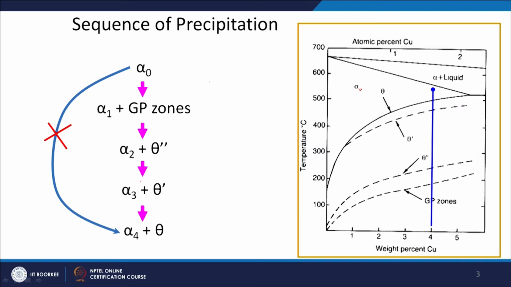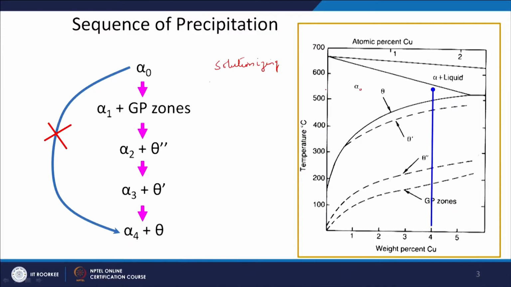Okay. Now, to get a sequence like this, what we will do is first the solutionizing operation. So, we will be heating at any temperature above the solvus line, and let us say maybe some 20-30 degrees Celsius above the solvus line. So, for aluminum-copper maybe we will be heating it up to around, let us say, 525 degrees Celsius or so.